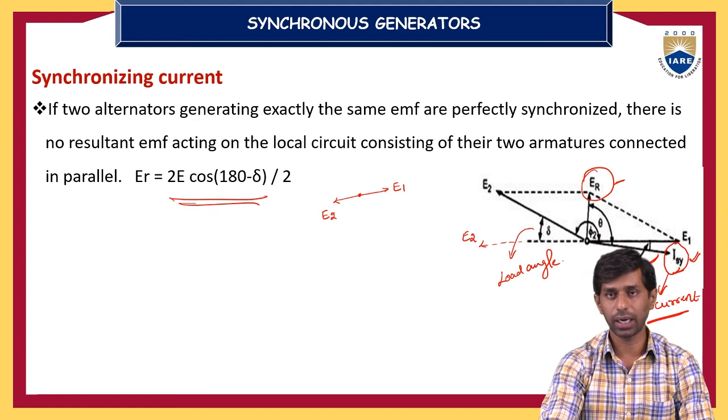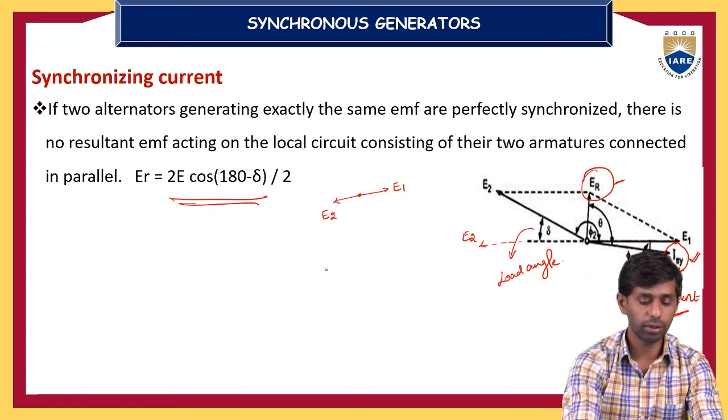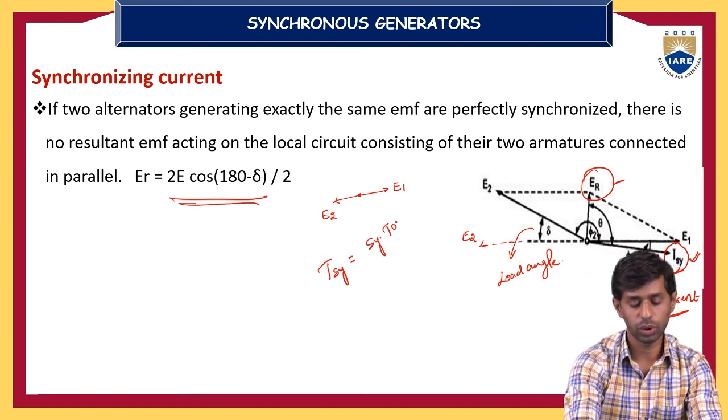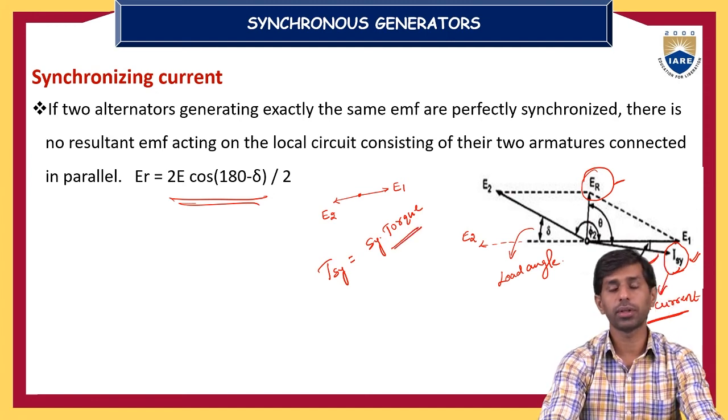So this synchronizing current will develop the synchronizing torque, called TSY, which will come into the picture. For example, the disturbance may be that the speed of alternator 2 increases.